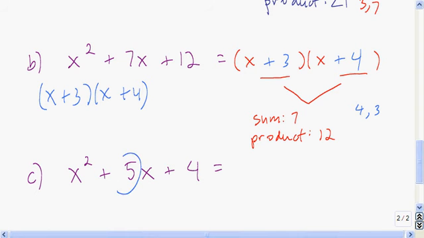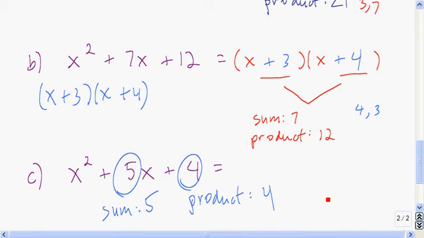Here we have a sum of 5 and a product of 4. The two numbers that satisfy this are 1 and 4. This means that x squared plus 5x plus 4 factors as x plus 1 times x plus 4.